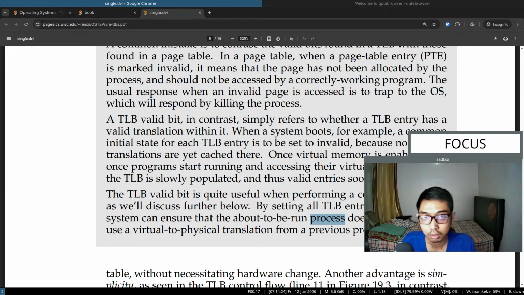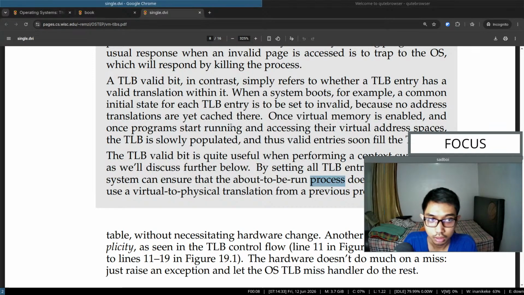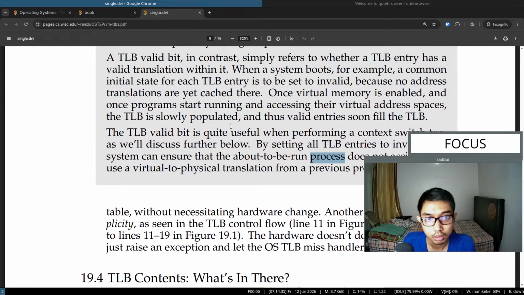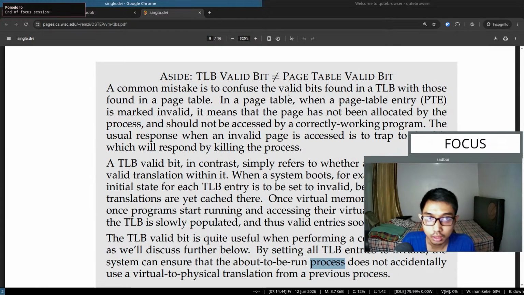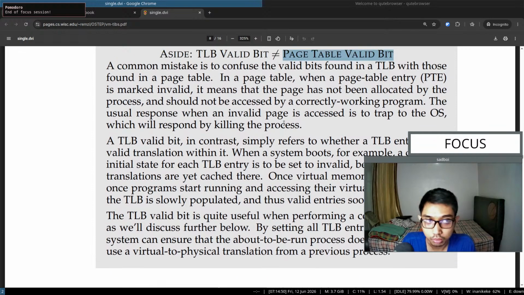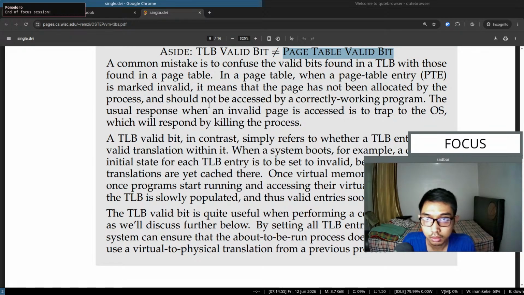By default, the TLB entry is set to invalid. And then yeah, there is also the page table valid bit, right? Which we took a look at previously. Right, the page has not been allocated by the process. Something like that.